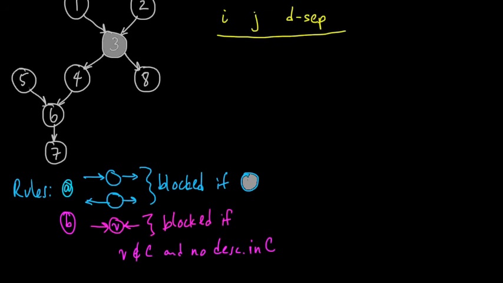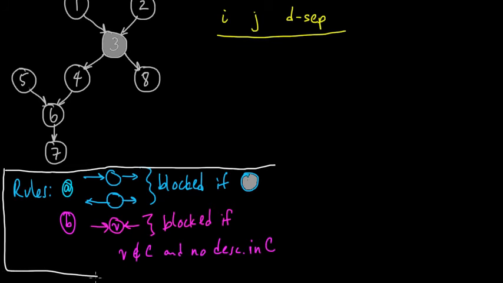So these are our two rules that we will use to determine if two vertices are D-separated.